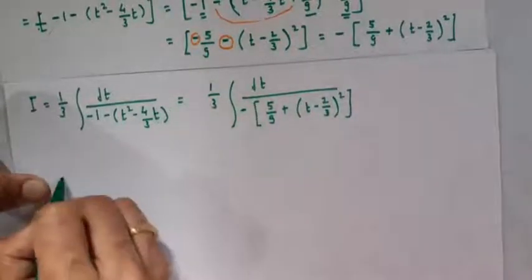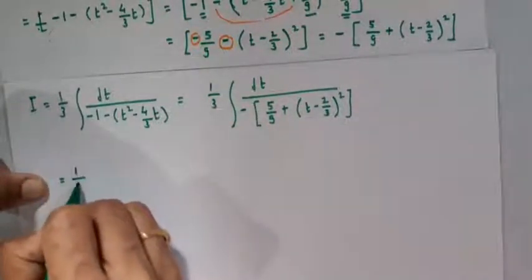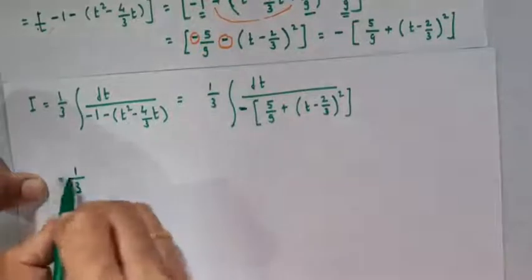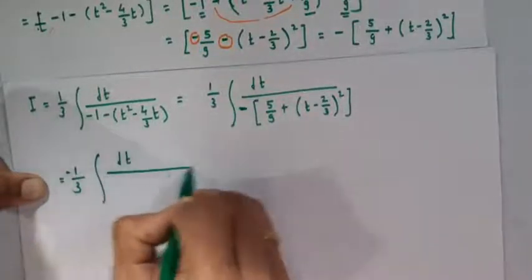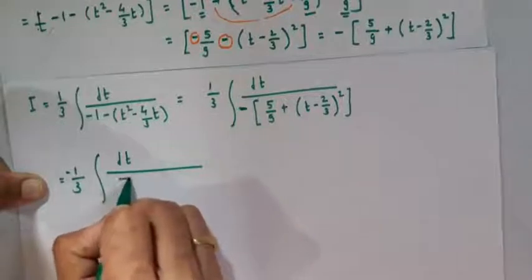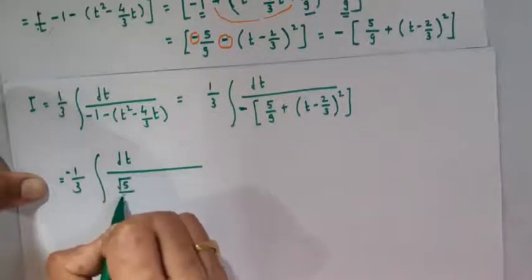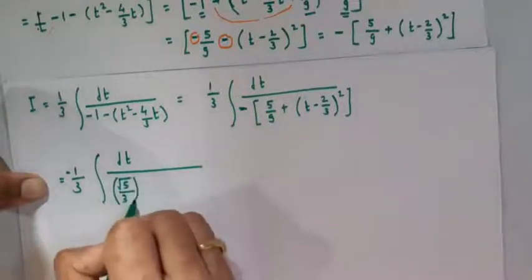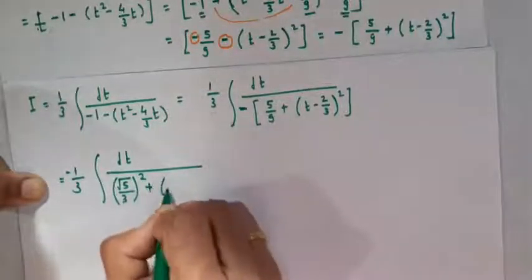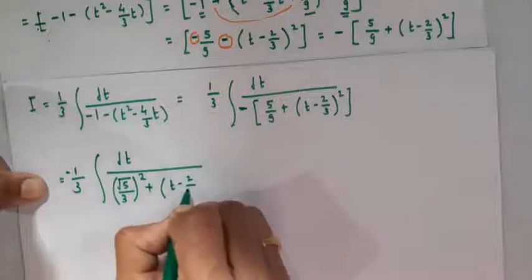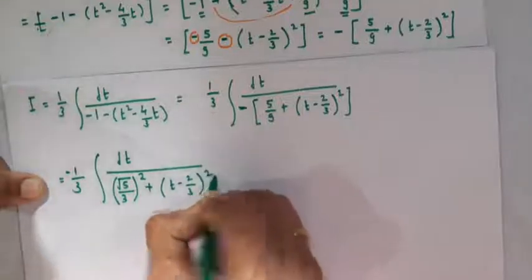And now we can write this as 1 by 3, the negative sign common out, that is minus integration with respect to t, and this is square of root 5 by 3 whole square, we can write this in this way, plus t minus 2 by 3 whole square.